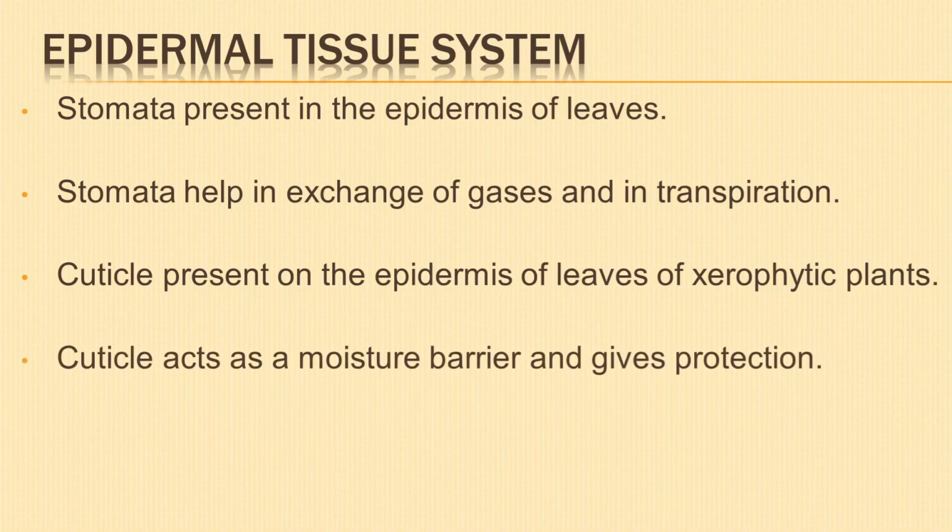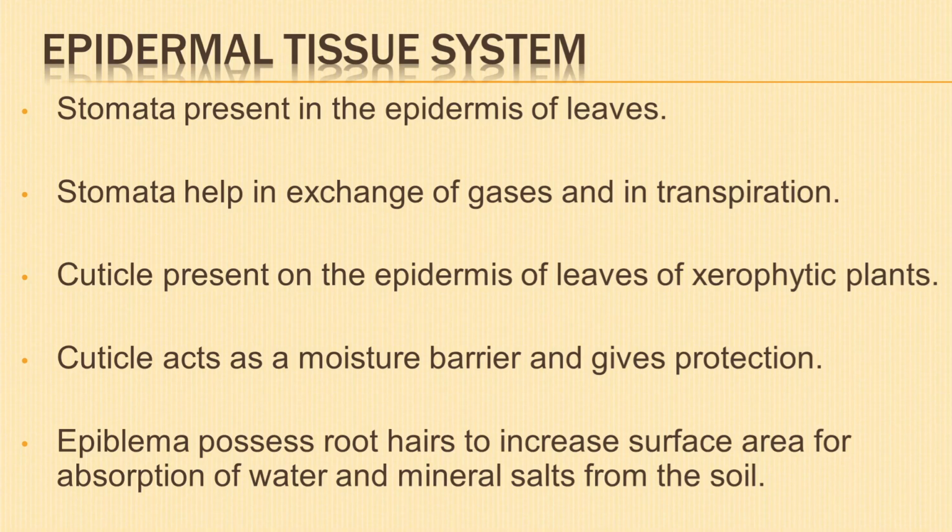The waxy coating acts as a moisture barrier and protects the plant from intense heat of sunlight. The epiblemma possess unicellular root hairs to increase the absorbing surface area for absorption of water and mineral salts from the soil. The functions of the epidermis are as follows.